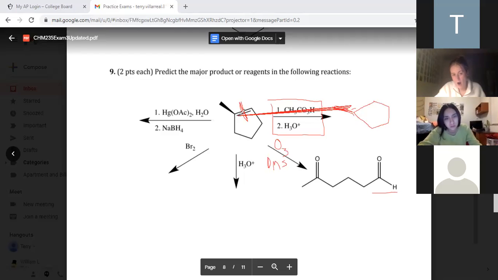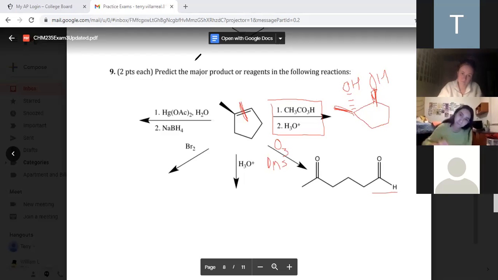So OH on a dash, OH on a wedge, and it doesn't matter which one you do. They're just going to add differently. So when you do the CH3CO3H followed by H3O+, you're adding diols, or alcohols, but now they're going to be opposite directions. Questions? For this one, would it also be the opposite way as well? Yep.